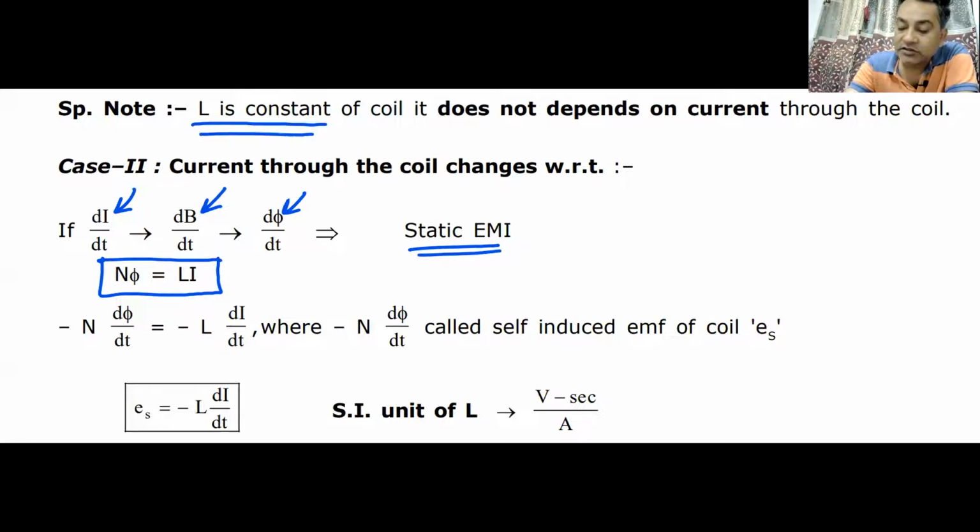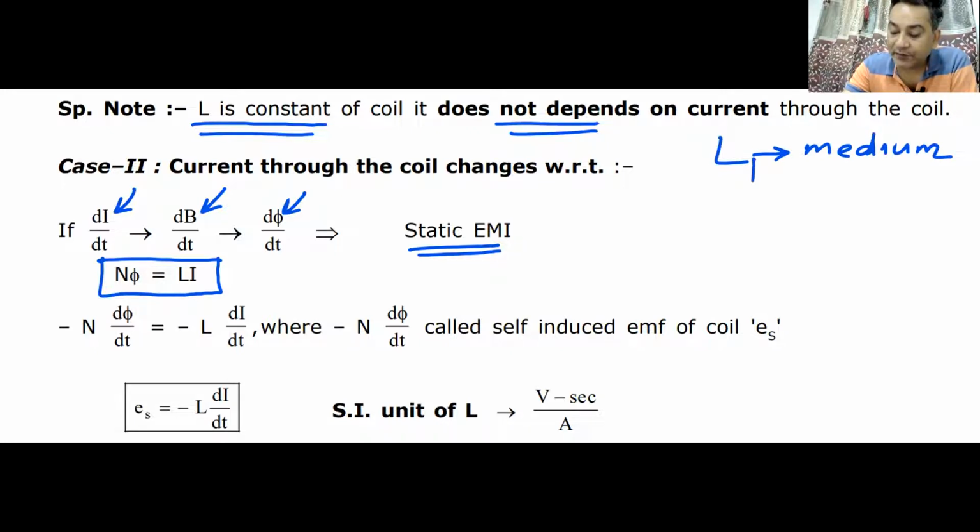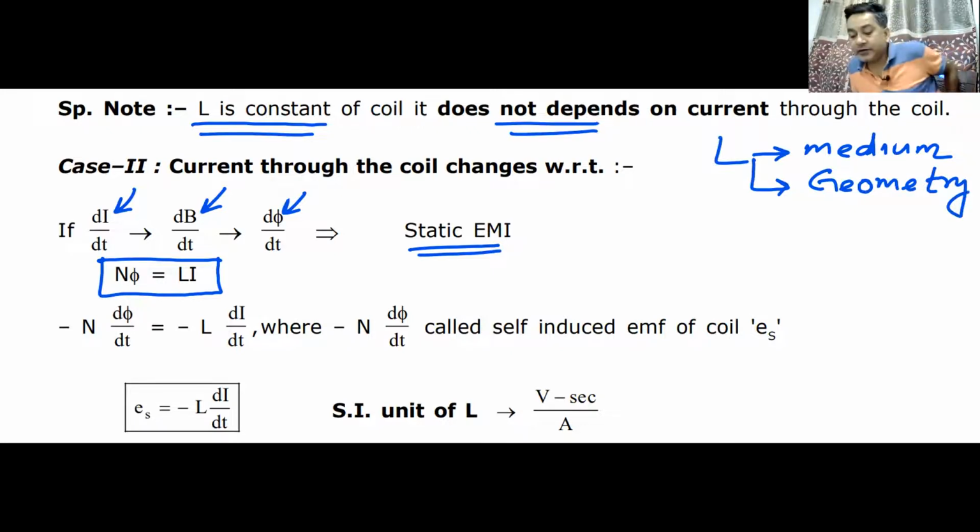Remember, L is a constant. It does not depend on current, does not depend on flux. L only depends on the medium surrounding the coil. Please note it down. And it depends on the geometry or area of the coil. Does not depend on current, it does not depend on flux, it depends on medium and the geometry of the coil.